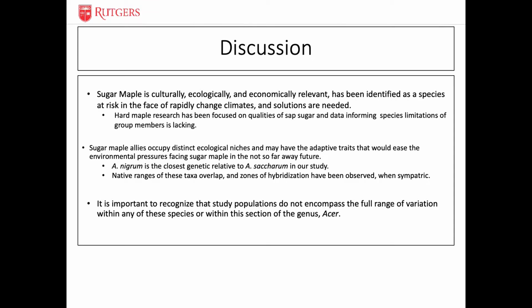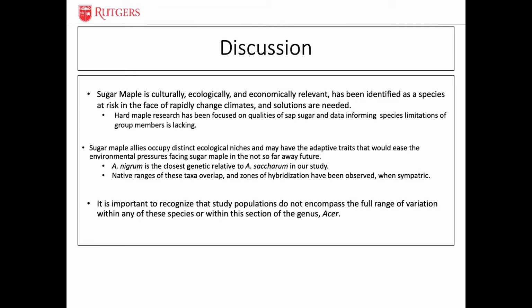Adaptive traits observed in other hard maple species may be useful to develop strategies that would increase sugar maple's chances for a sustainable future. Our results suggest that Acer nigrum is the closest genetic relative to sugar maple. This supports reporting of observed hybridization zones where the two are sympatric.